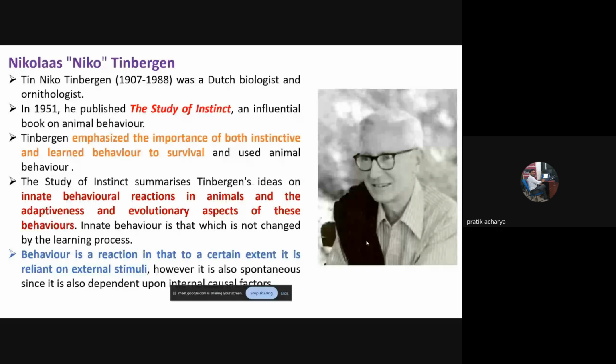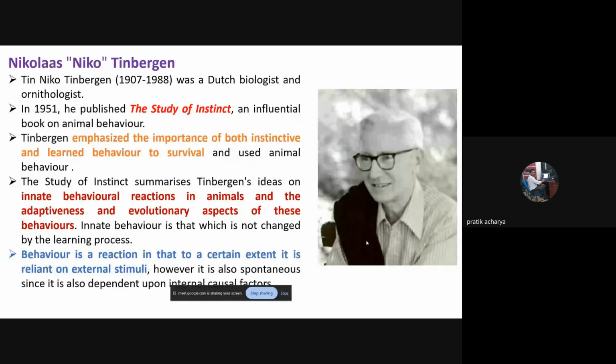After that, Tinbergen was famous for the study of instinct. It was started by Lorenz, but it was completed by Tinbergen. He was a Dutch biologist and was also conducting research on birds; he was an ornithologist.